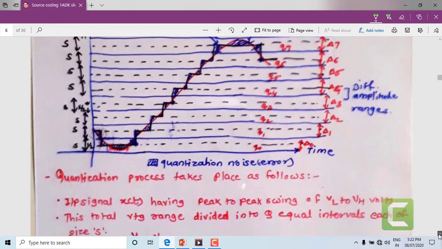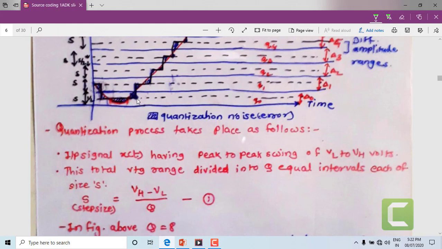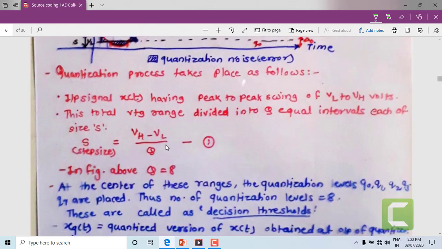Next, we find the step size, that is the vertical change of the signal, as VH minus VL divided by Q, where Q is the total number of divisions for the given range of signal. If Q is equal to 8, the step size is VH minus VL divided by 8.